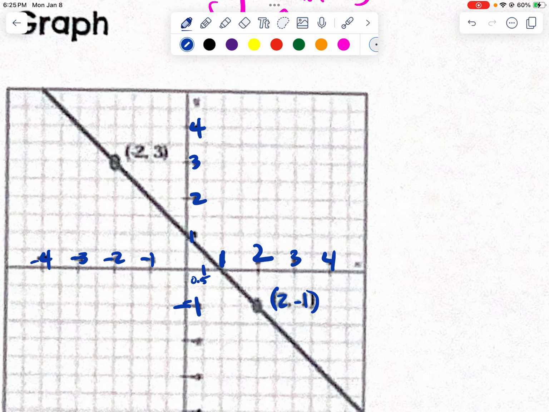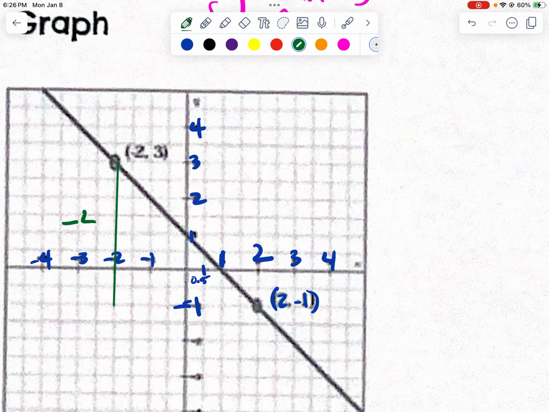So if I was to draw my triangle and I came down, let's try that again. There we go. How far did I go down?